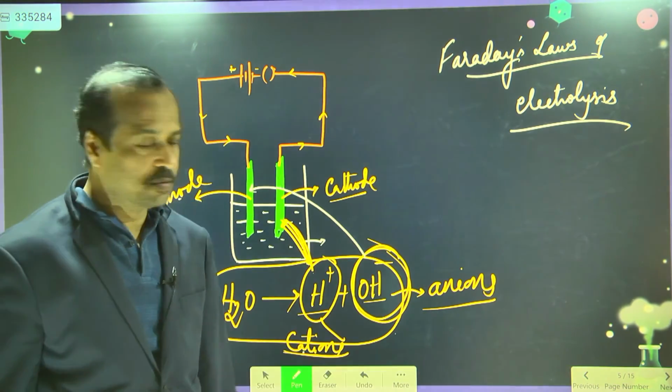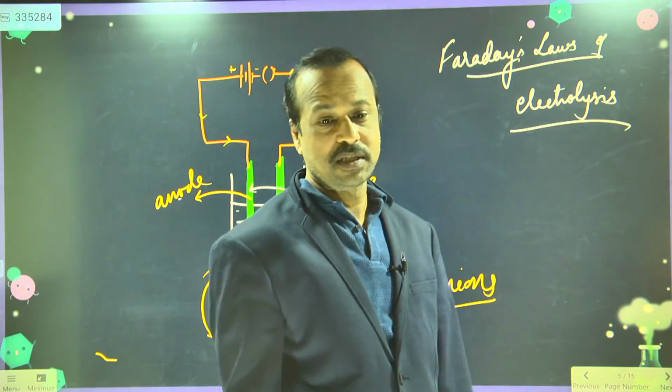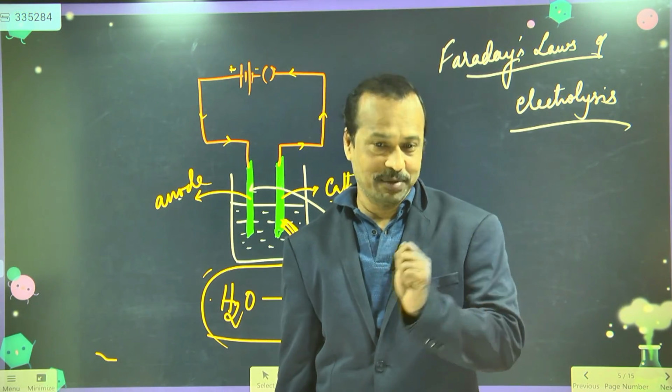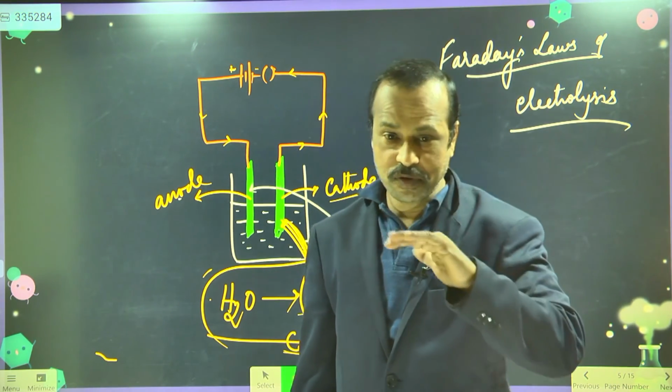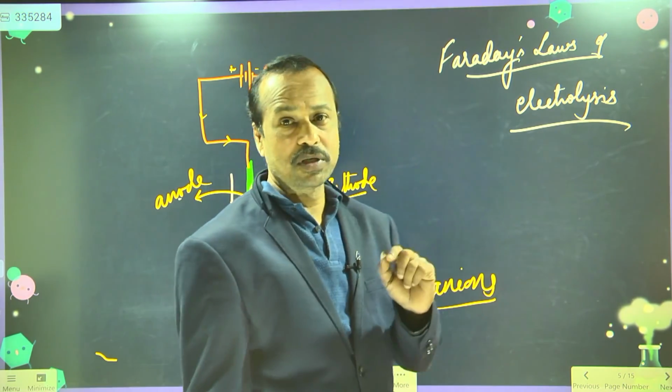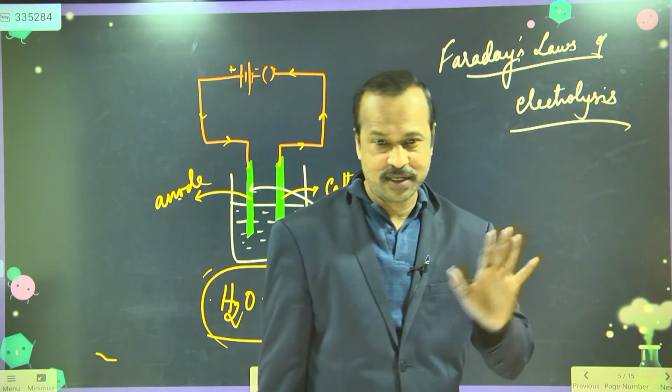We are not going to discuss Faraday's laws of electrolysis now. Of course, this is a part of chemistry, but we discuss it in another chapter called electrochemistry. Then we will discuss Faraday's laws. Now we are not concerned with that.